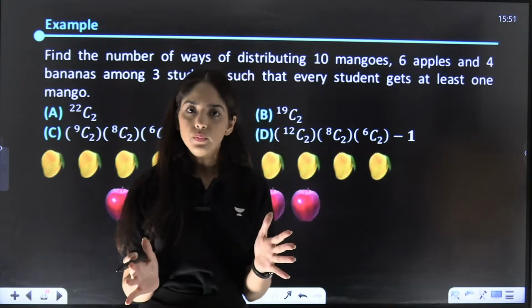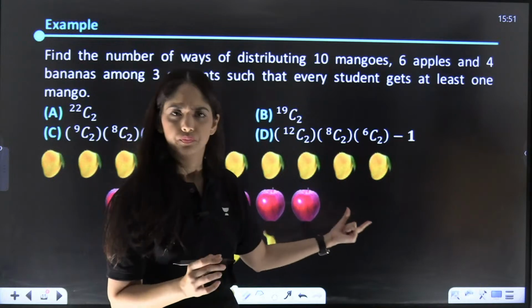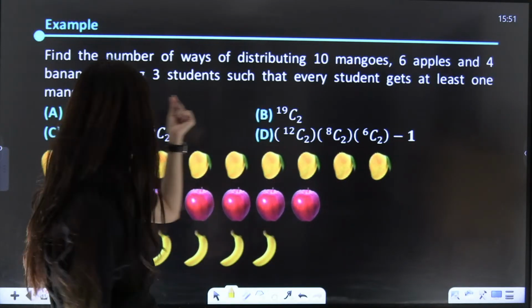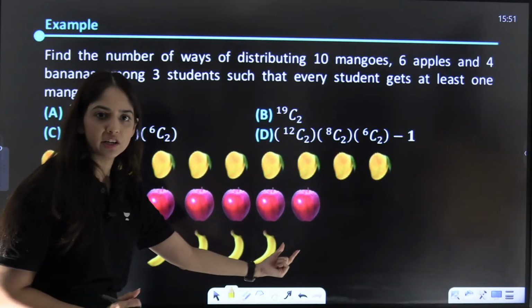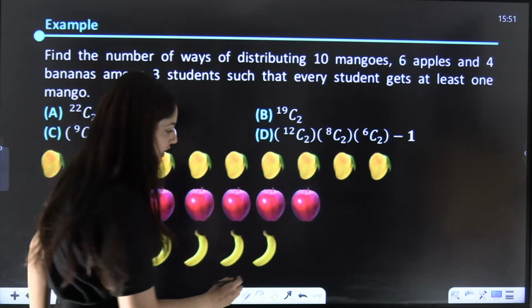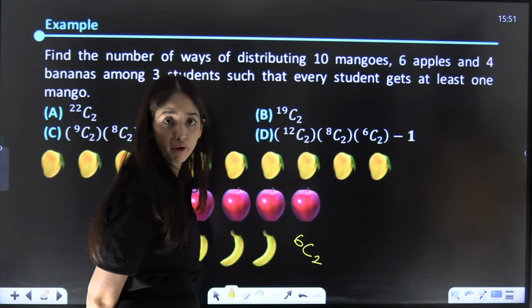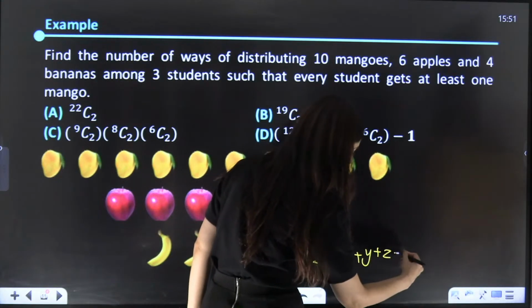Alright, so, but the problem here is, first we have to see, okay, step by step. 4 bananas we have to distribute among 3 students. So 4 bananas plus 2 partitions. So 6 objects and 2 partitions. Or we can say x plus y plus z is 4.